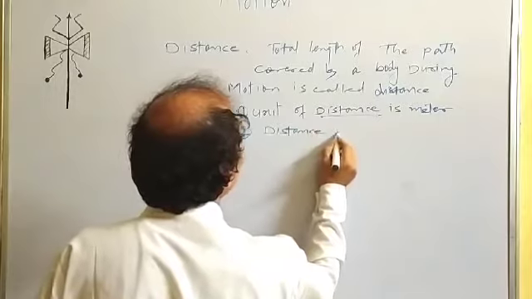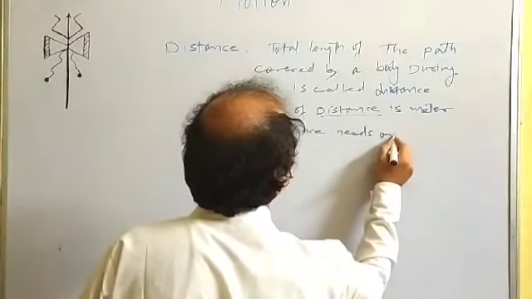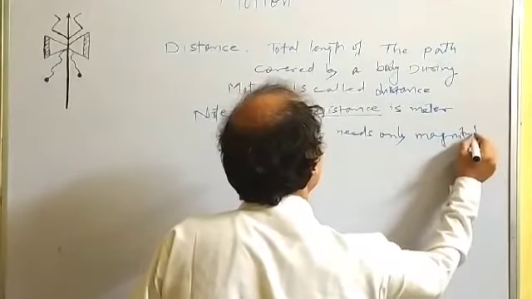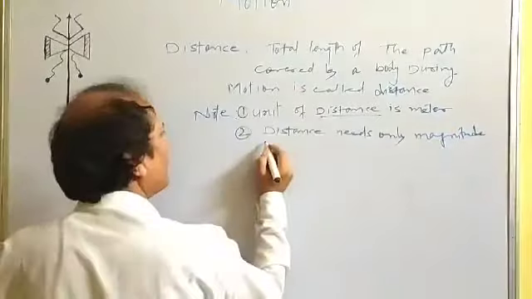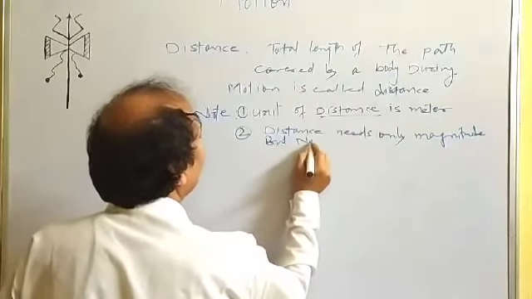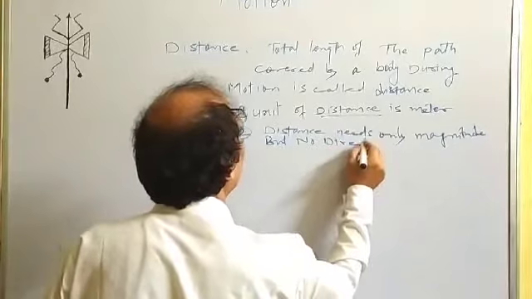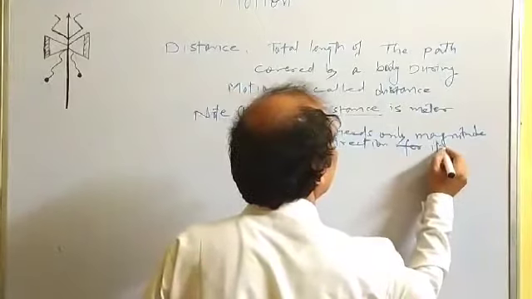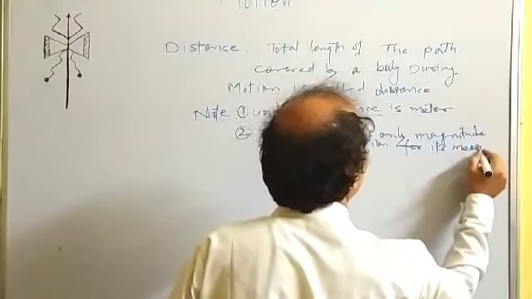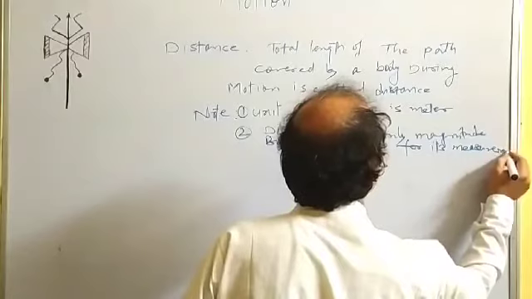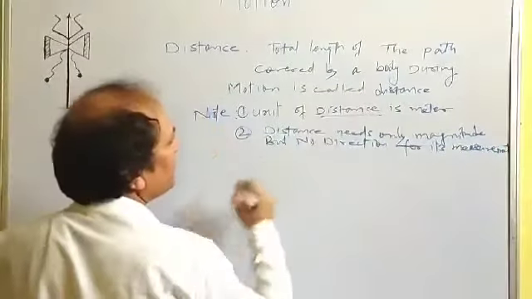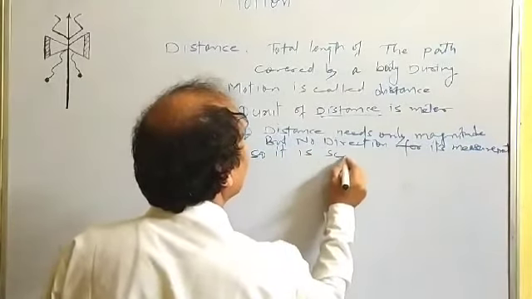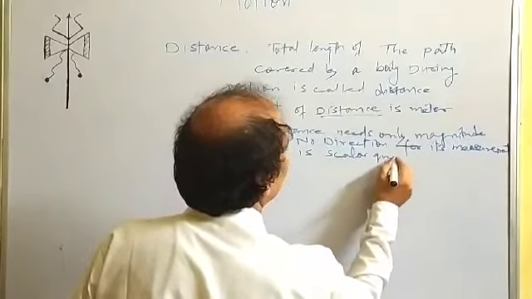Distance needs only magnitude, but no direction for its measurement. So it is a scalar quantity.